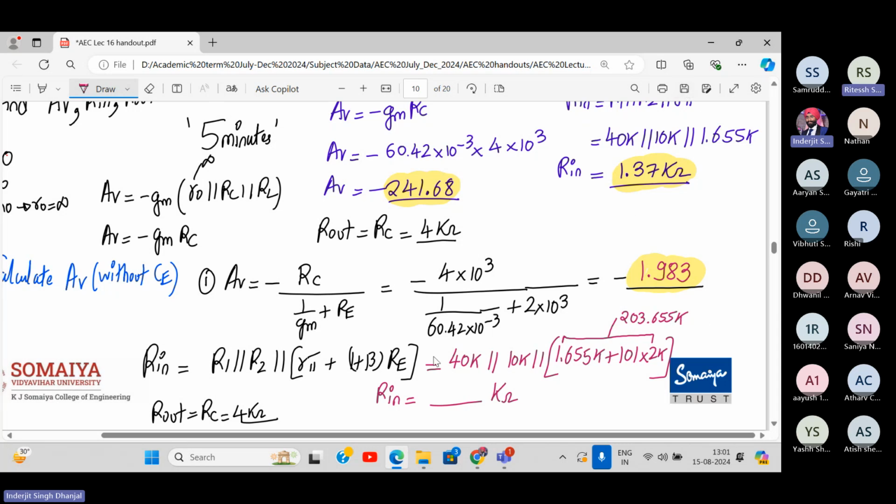Sir, is it 7.92K? 7.69. 7 point something. How much is it? Give me the answer. Sir, I am getting 7.92 and he's getting 7.69. Any other third person getting close to 7? I have a calculator, but it will take some time for me. So please tell me the answer. Any other person getting close to 7 point something?